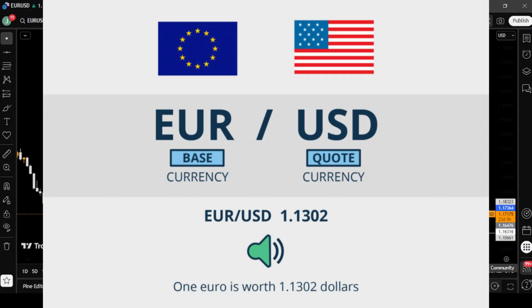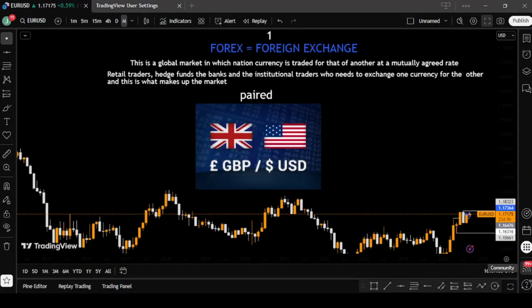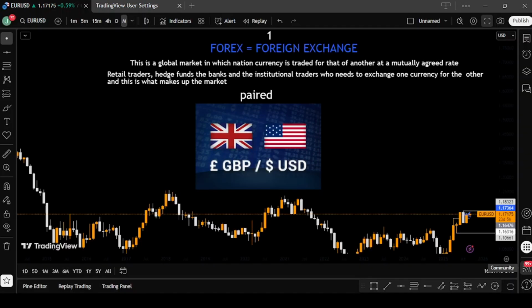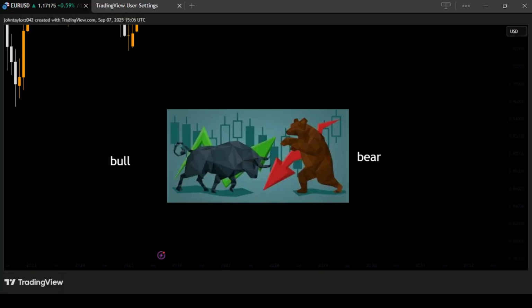When we want to buy long, we assume the price wants to go bullish. When we want to sell short, we assume the price wants to go bearish. You may be asking what bullish and bearish mean. It is a terminology derived from the way these animals attack.